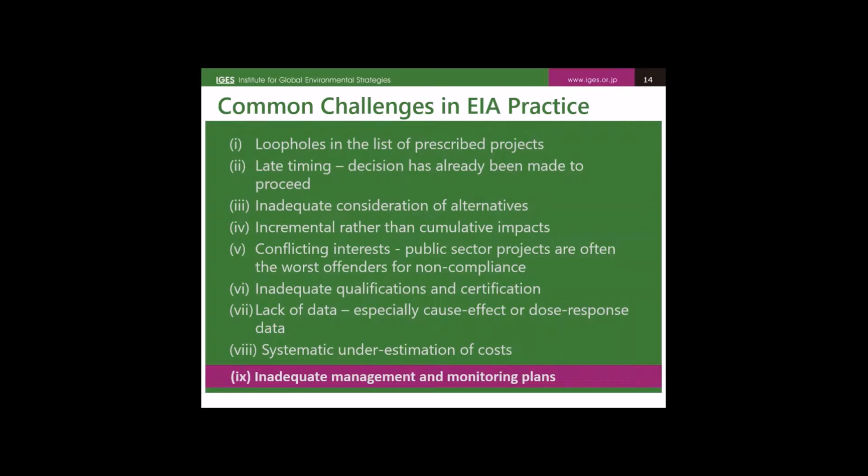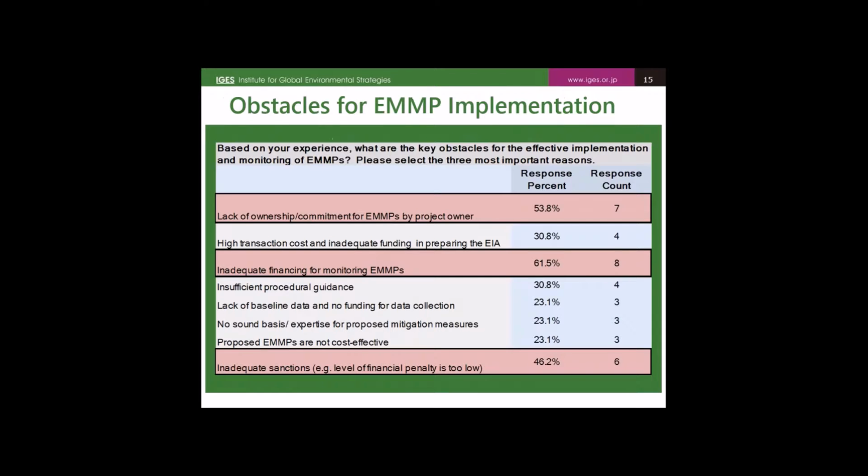When we looked at that in more detail, some of the reasons were the lack of ownership or commitment of the plans by the project owner, inadequate financing for monitoring in the environmental management and monitoring plans, and inadequate sanctions when the environmental management and monitoring plans were not actually implemented as required.